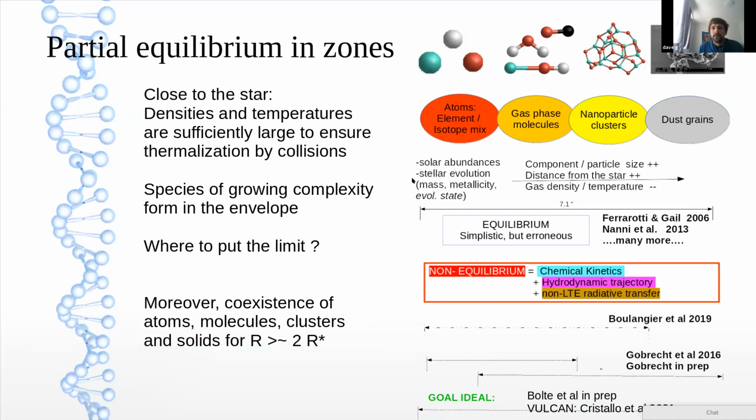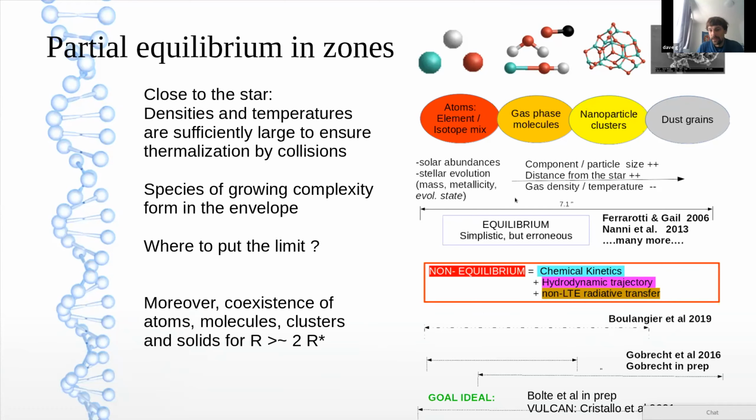So, as I said, the innermost part can maybe be treated with equilibrium. However, the ideal goal would be to treat everything in non-equilibrium. But this is quite a challenging task, and there have been several approaches. Jels Boulanger, a previous PhD student of our department, tried to couple these first three sorts of matter in a chemical kinetic approach.